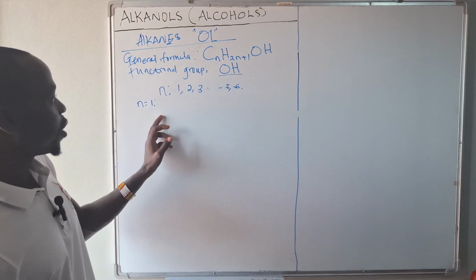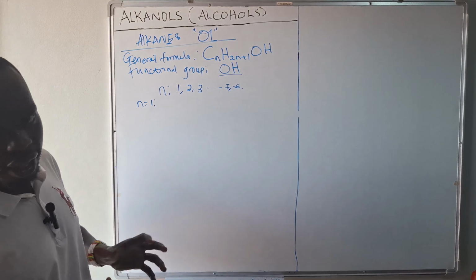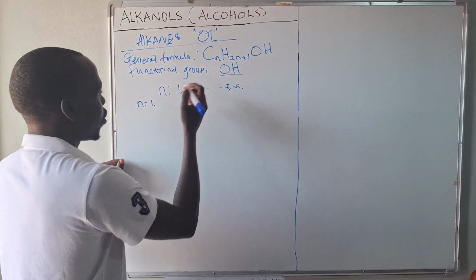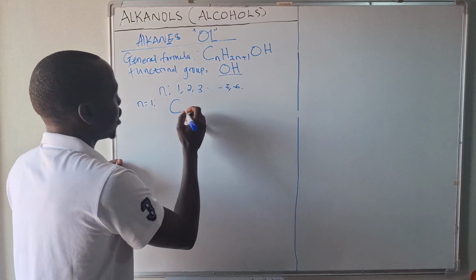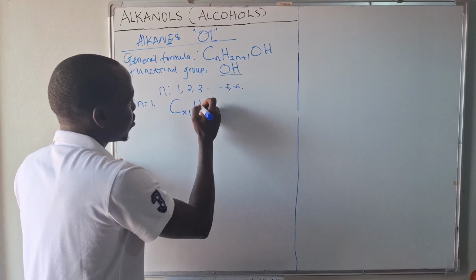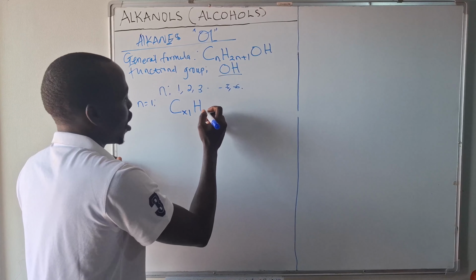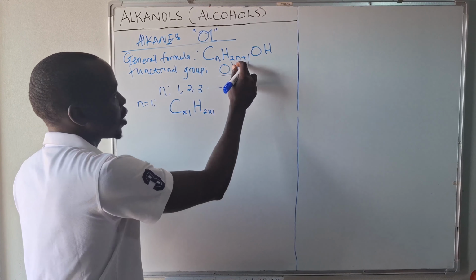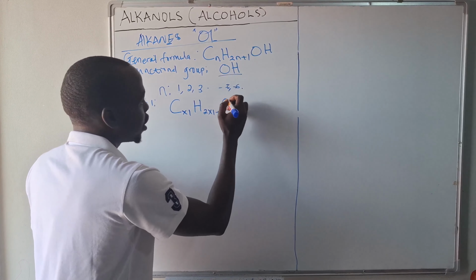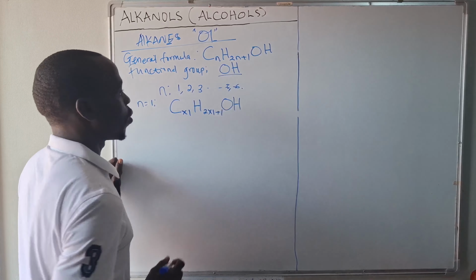How can I substitute this in this formula and come up with the organic compound, which is an alcohol? I will have C times 1 instead of n, and I'll have my capital H, and I'll have 2 times 1 instead of n, plus 1, and we put the functional group.